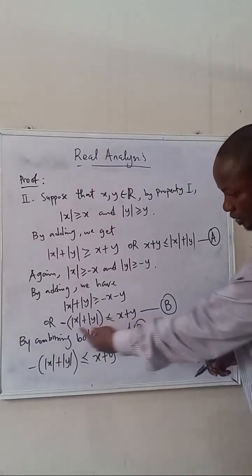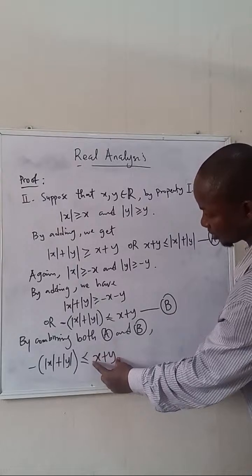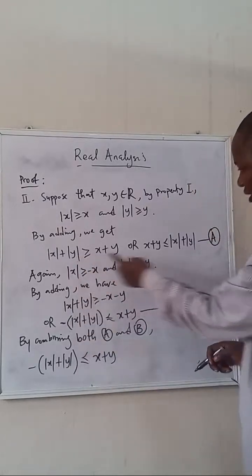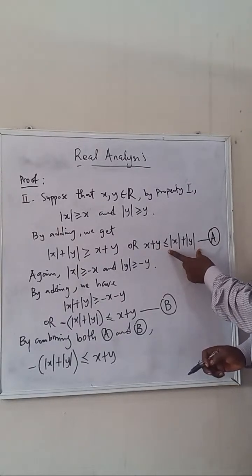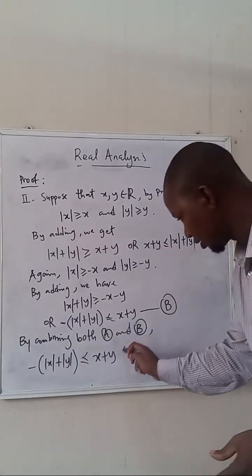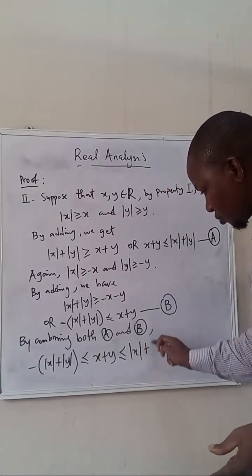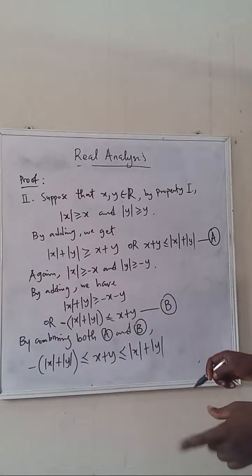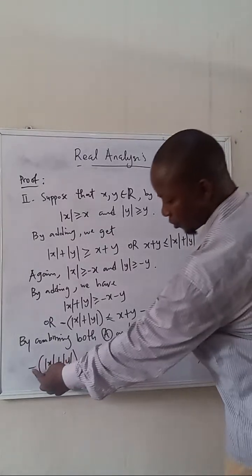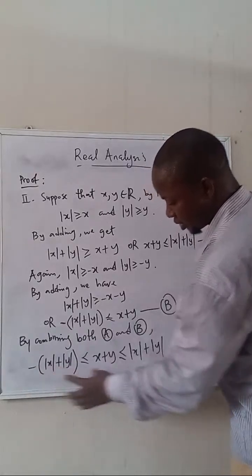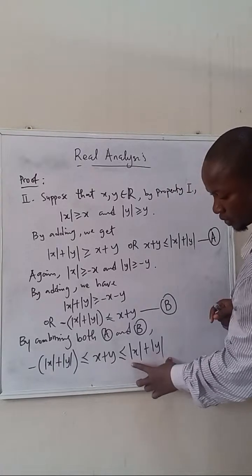That is the statement we have from B. Okay, but we have a similar statement in A that says x plus y is less than or equal to this. So what you now have here is the range of minus this, less than or equal to x plus y, less than or equal to this.